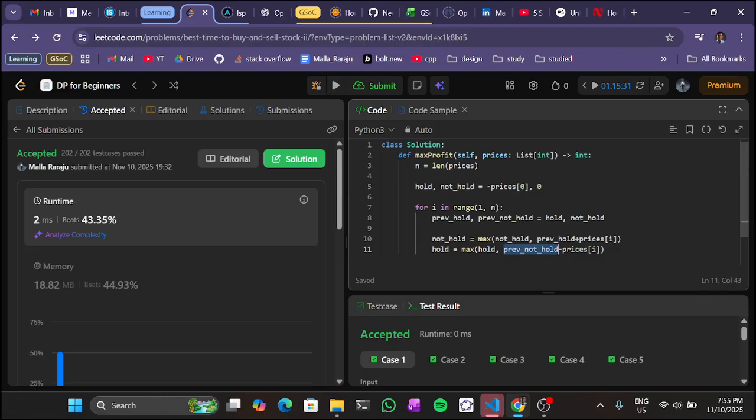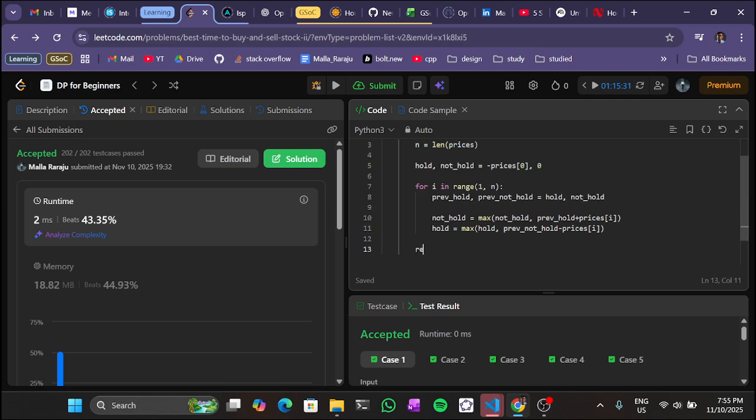So from the previous profit, we are taking the current item. It can be zero, and we return.